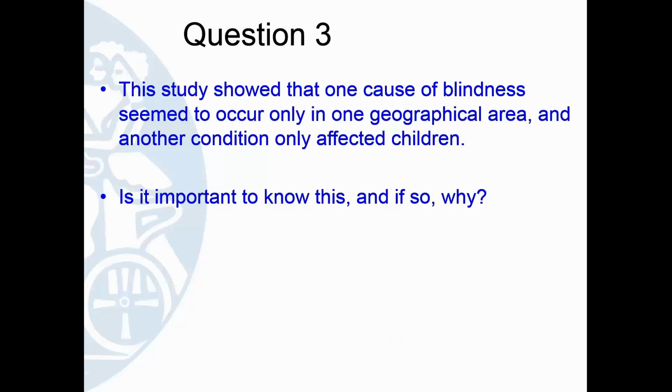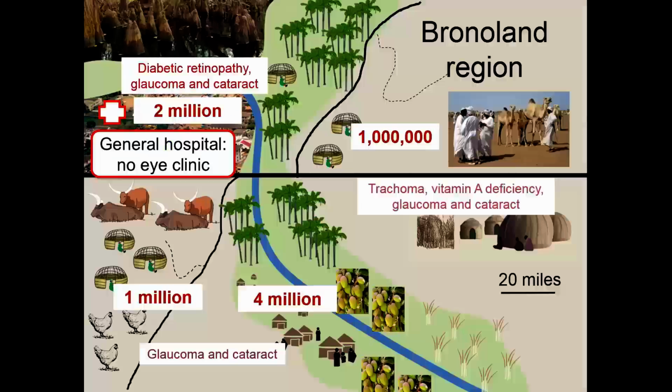So the survey was done, and this is what they found. Perhaps not surprisingly, diabetic retinopathy, glaucoma and cataract were all causes of blindness in the city. Many parts of the world now are experiencing an epidemic of diabetes, which is principally in urban areas, but increasingly in rural areas.